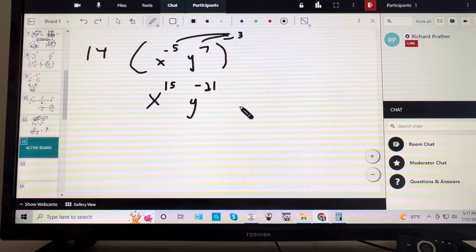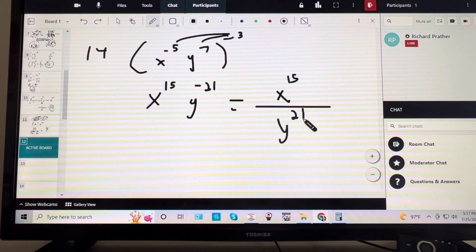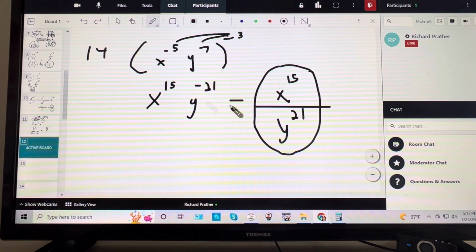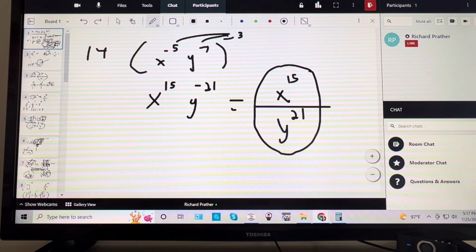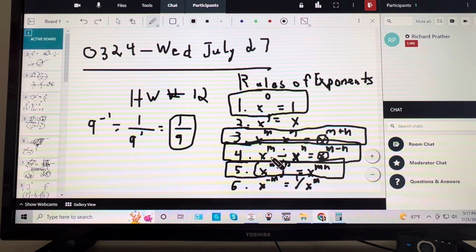That's why we practiced that last week. And then the x has a positive exponent, so it's going to stay here in the top. The y's got a negative, so it needs to move to the bottom, and then it can become +21. And you can't divide these two. Those two are not the rule 4 because you got to have the same base for both of them, x and x.